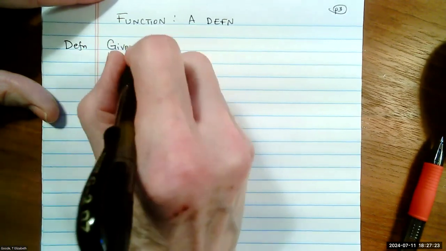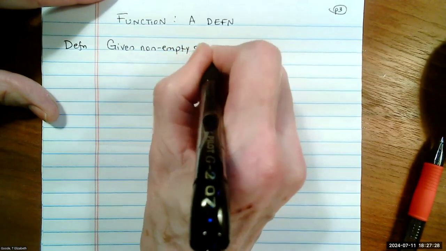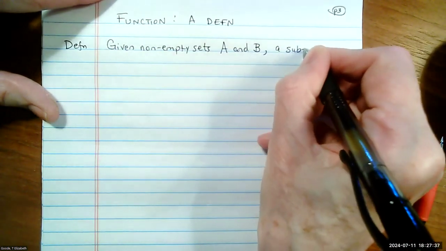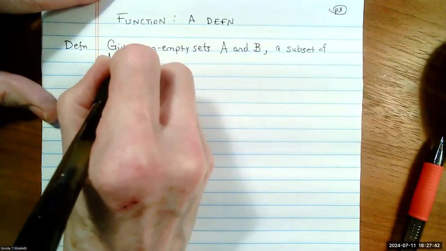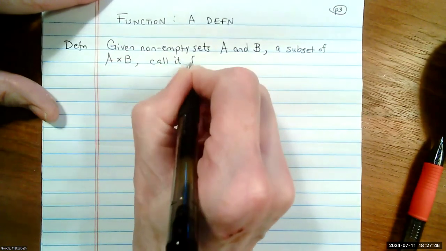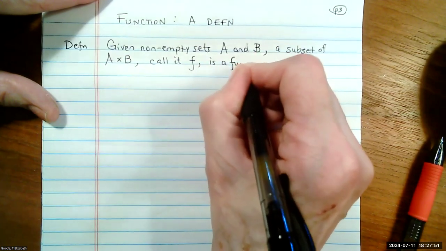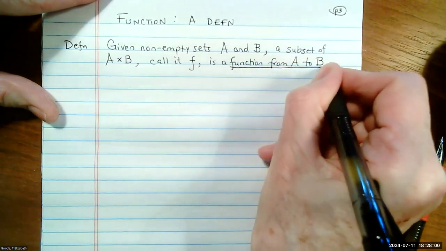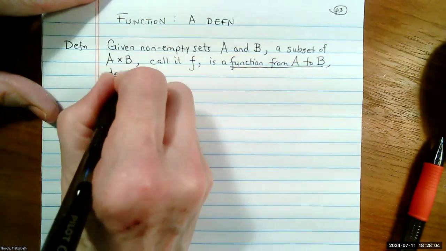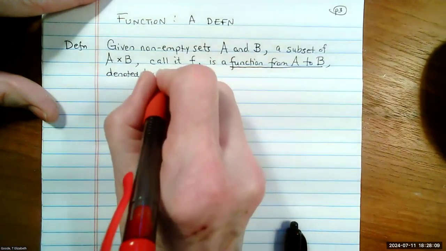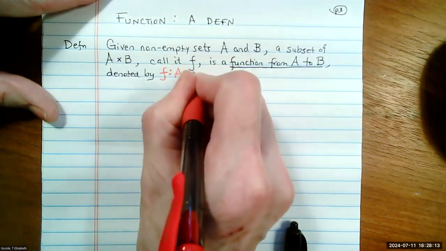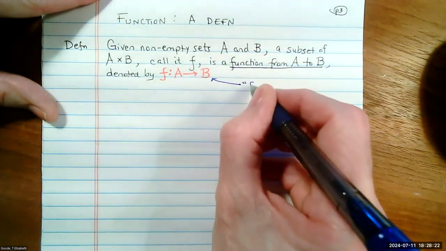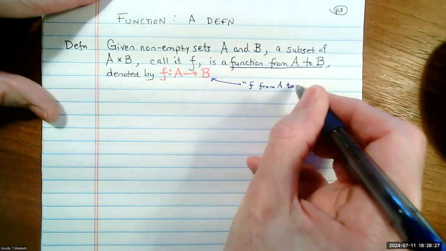Given non-empty sets A and B, a subset of A cross B, we'll call it F for function, obviously, is a function from A to B. That's what we're defining, a function from A to B. And it's denoted by this notation, which is reserved for functions: F colon A arrow B. We read this F from A to B.